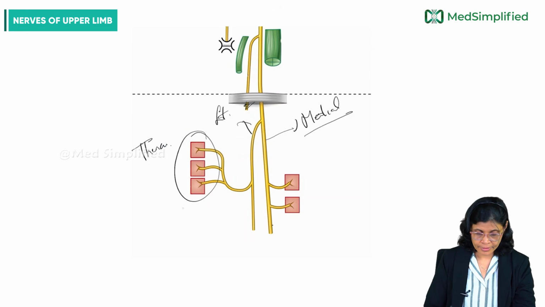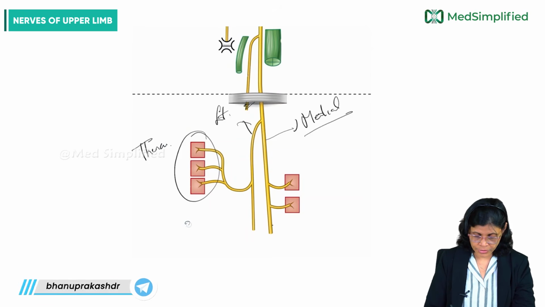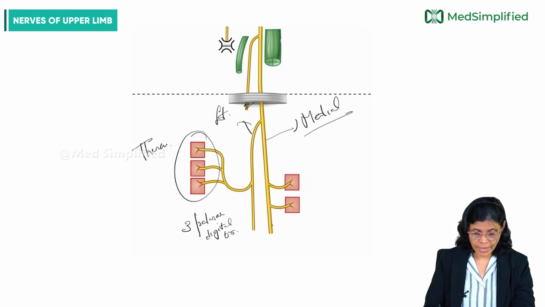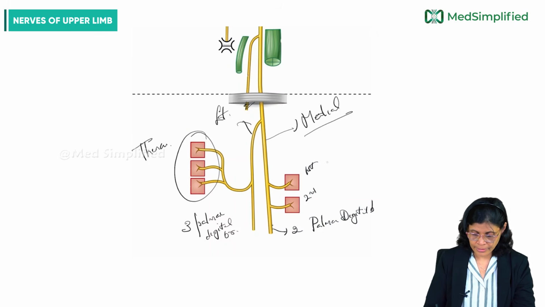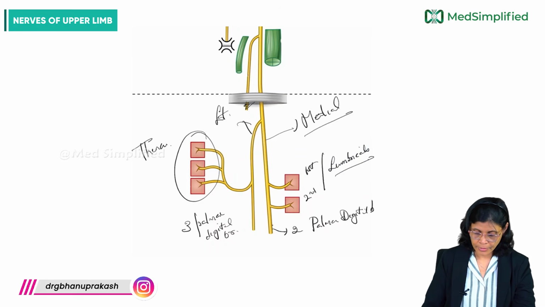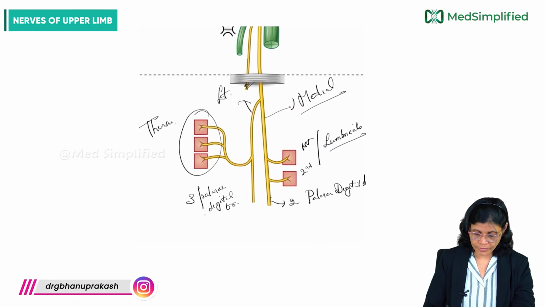Then it will give 3 palmar digital branches, and the medial division will give 2 palmar digital branches. It will also supply the first and second lumbricals. So these are the branches given by the median nerve.